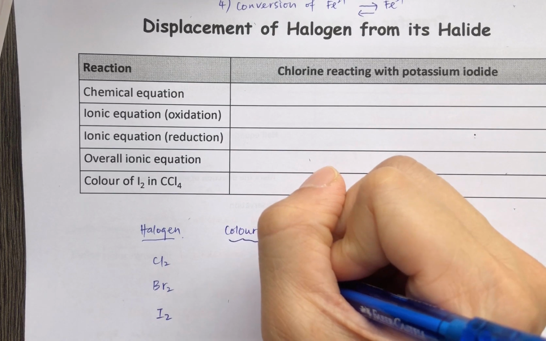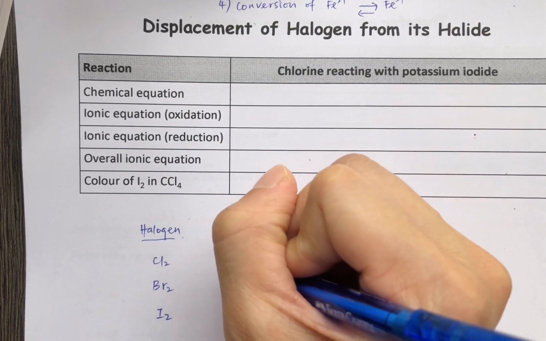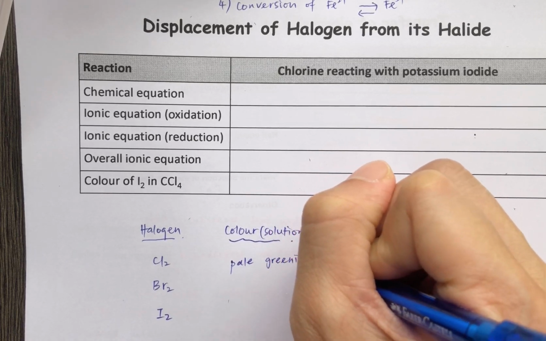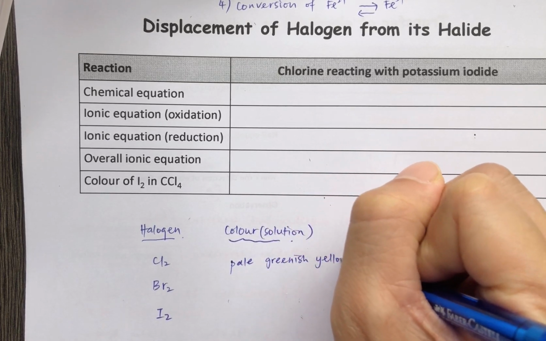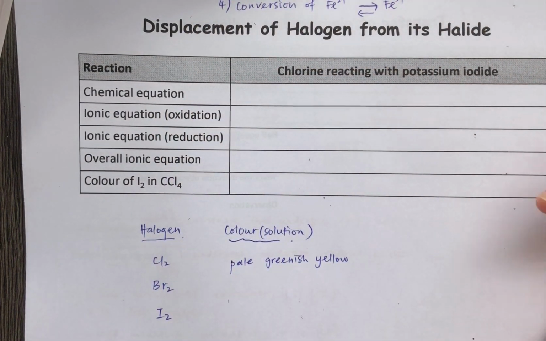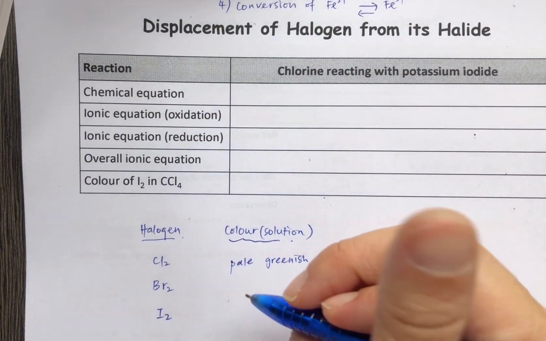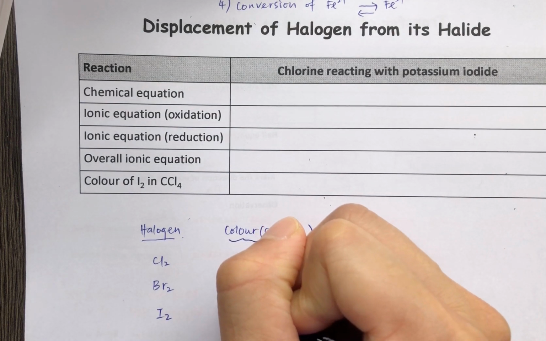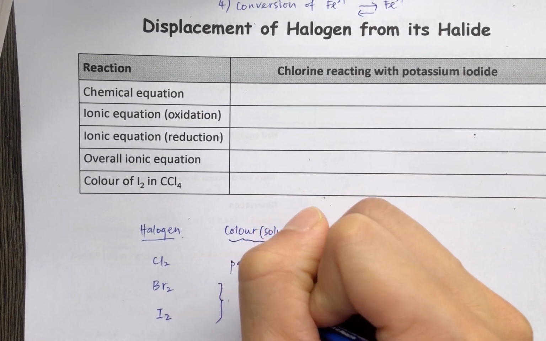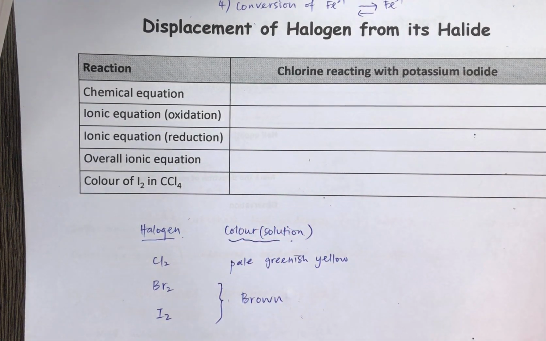Chlorine is a very pale greenish yellow solution. Sometimes you can't even see that it's colored, because it's just too pale. Then bromine and iodine, the colors of the solutions are very similar. It's close to yellowish brown, and we will usually just say it is brown.